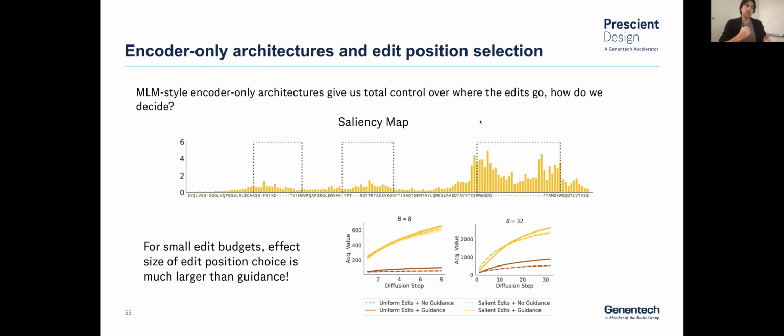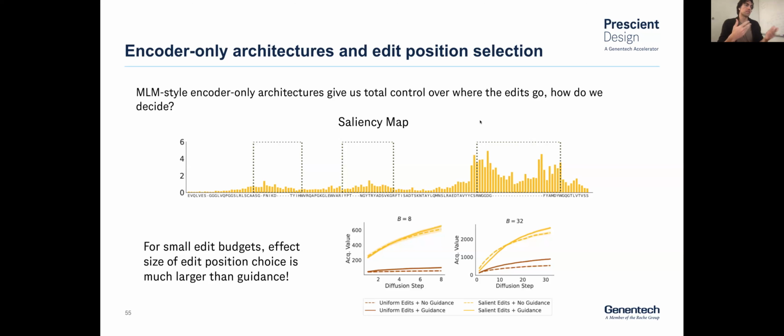And one of the things that really surprised us was that for smaller edit budgets, which are very common in antibody lead optimization, the effect size of edit position selection is actually much larger than the effect size of gradient guidance of these token distributions conditional on a specific choice of edits.